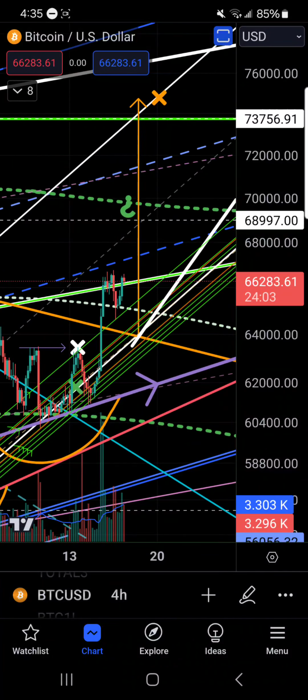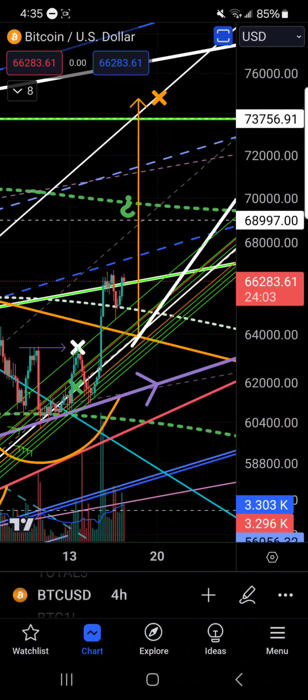But you kind of see that we came to the bottom of the blue channel here. It did act as resistance here. We even wicked up to it right there. At the same time, we wicked up to it where our shoulder formed, our neckline formed right there.